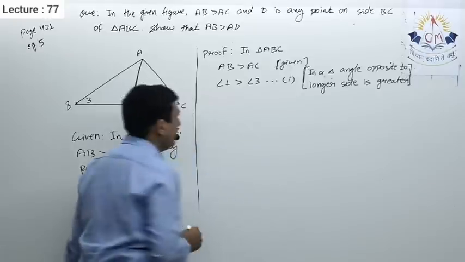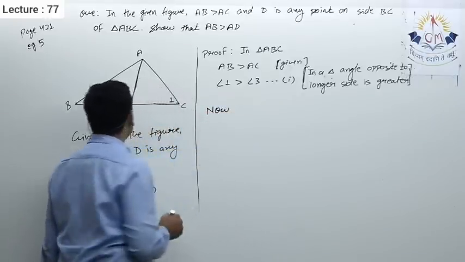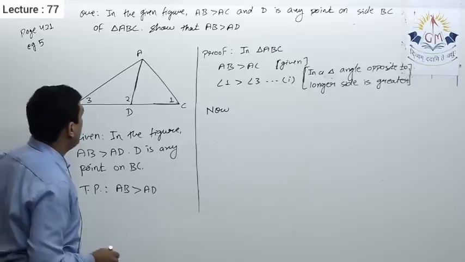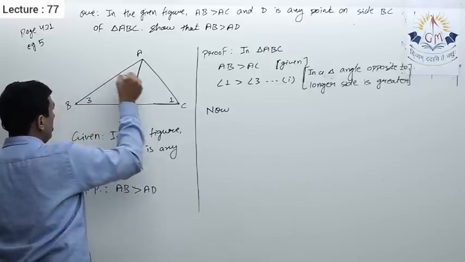So angle 1 is greater than angle 3. Okay, now see, 1 is greater than 3. We have to prove AB is greater than AD.